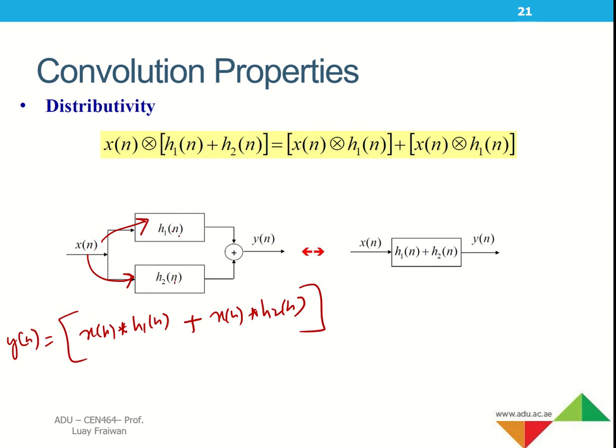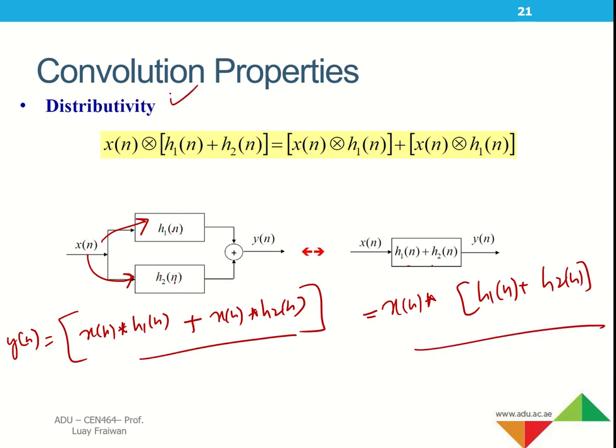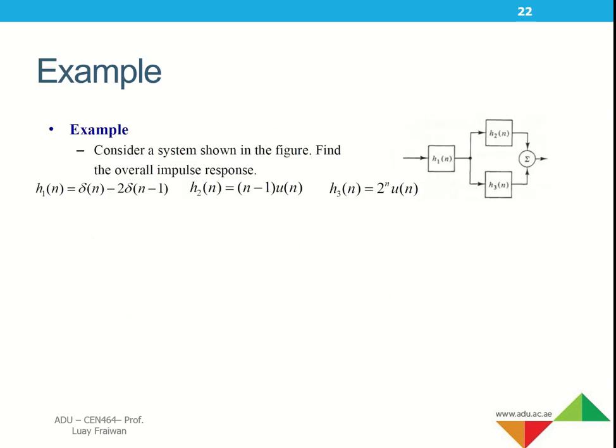The other way is first you add h1 and h2, and then convolve x of n with the sum. These two are the same. So this is called the distributive property. Either way is fine. These are the convolution properties. Examples about the convolution properties we will solve in the live session, inshallah.